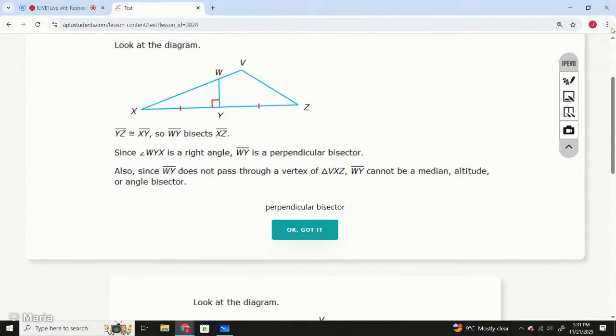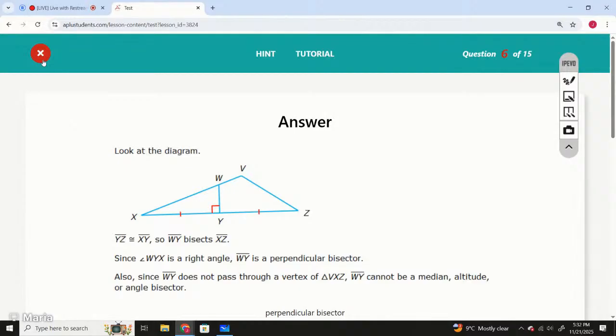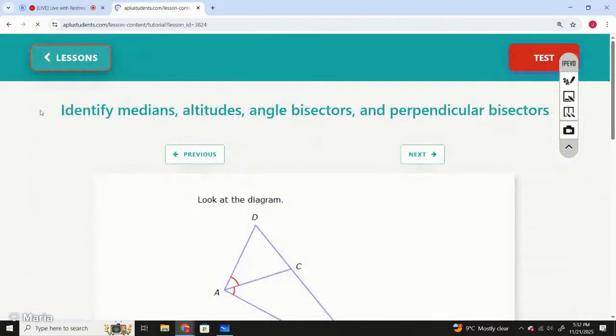So that is the perpendicular bisector. Okay, you can complete the lesson by yourself today. Let me just move on to the next lesson.